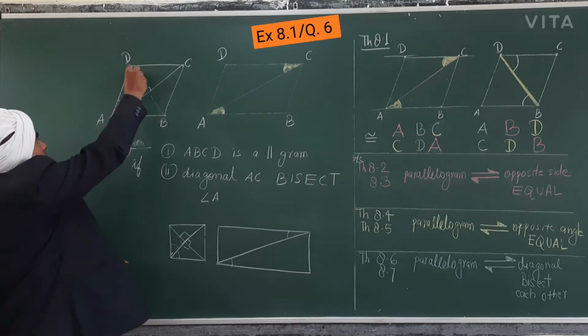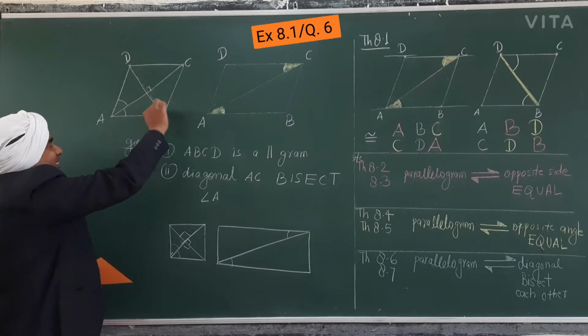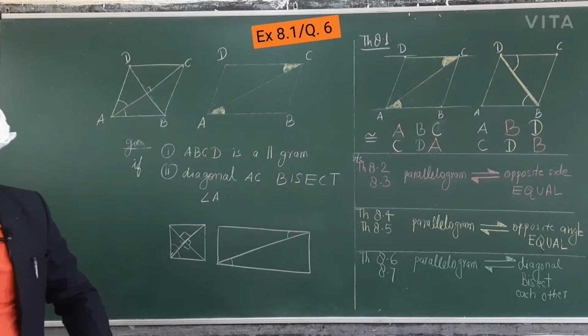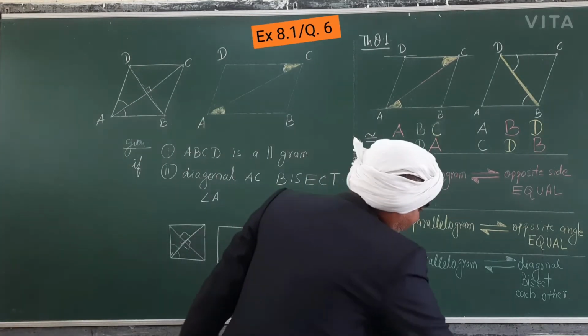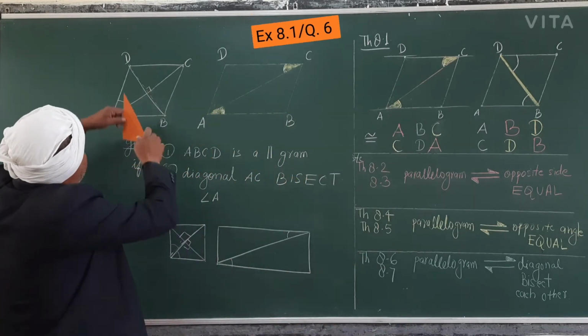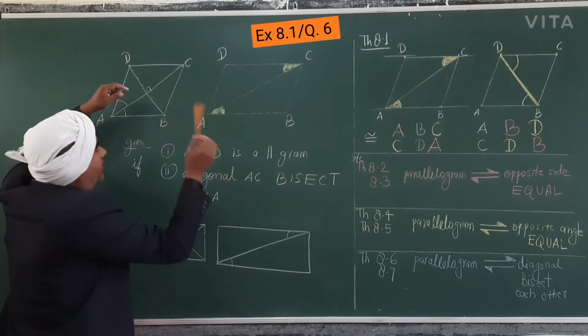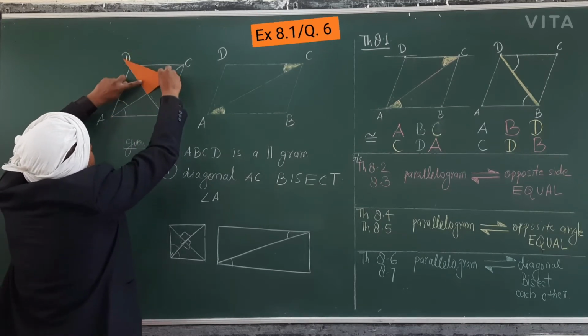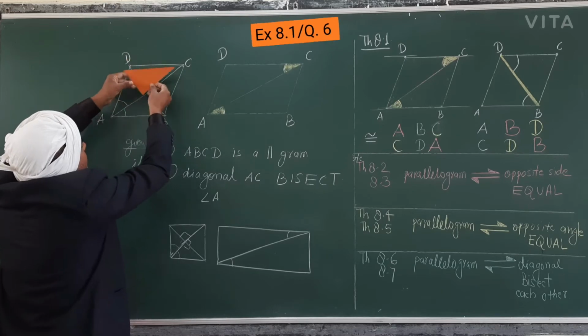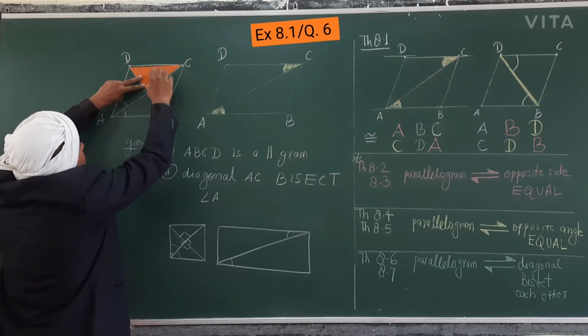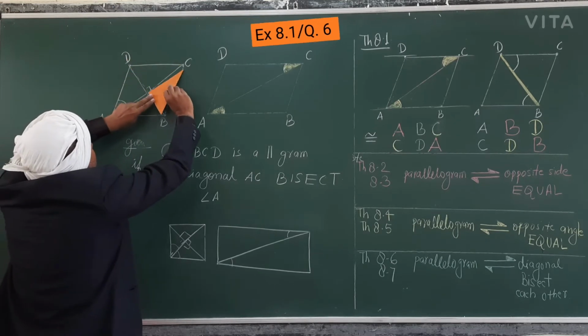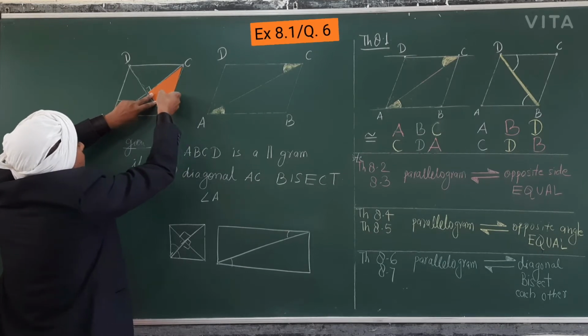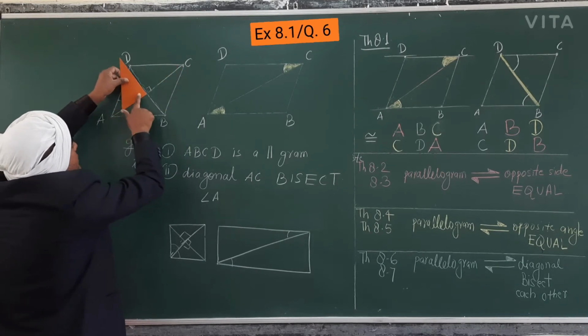You can see this is the right angle, but it can be 4 times. This is 1, this is 2, this is 3, and this is 4.